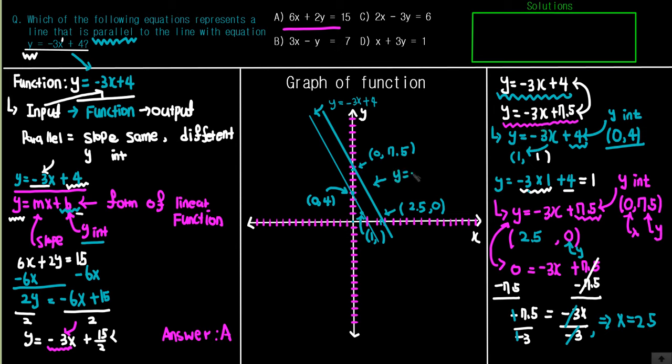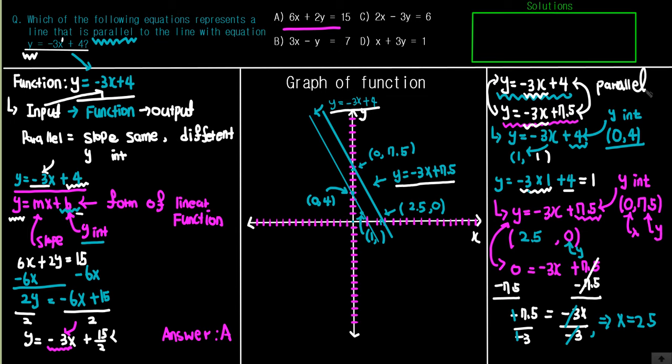If we just eyeball these functions, we can figure out that both of them are parallel. So y is equal to negative 3x plus 7.5 is parallel to the function y is equal to negative 3x plus 4. So we actually proved that these functions, whose slopes are the same but whose y-intercepts are different, are parallel to each other.